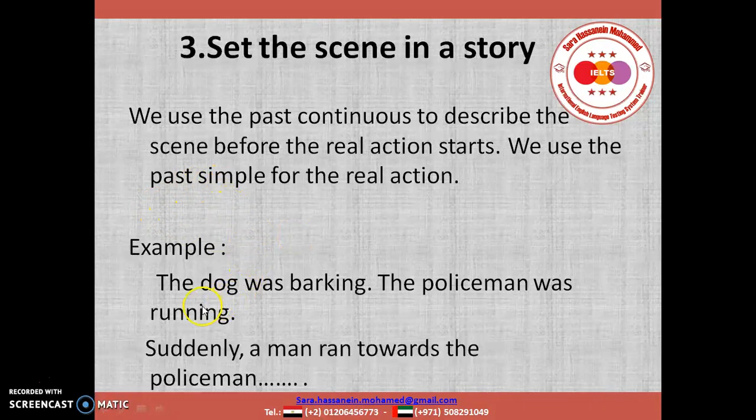So, for example, the dog was barking. The policeman was running. Suddenly, a man ran towards the policeman. As you can see here, for all the sentences which describe the scene, we need to use the past continuous. But once I start the real action, you have to use the past simple tense.